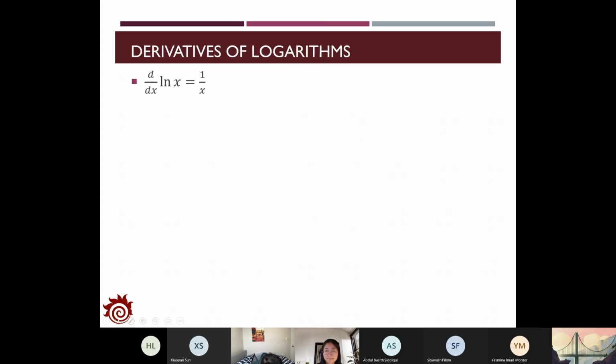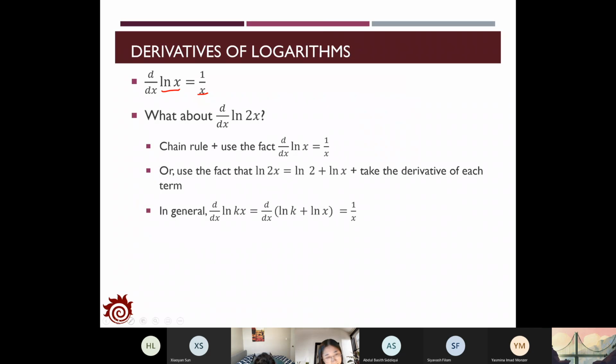And regarding derivatives, if we have the logarithm function, say ln x, the first order derivative will be the inverse of x. So this is the rule we defined. Now the next thing we want to check is how we're going to calculate the first derivative of ln 2x. There are multiple ways to do it.